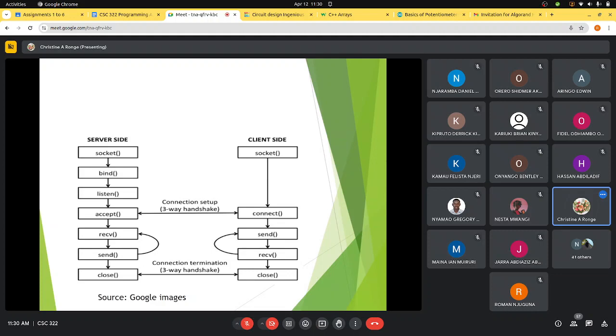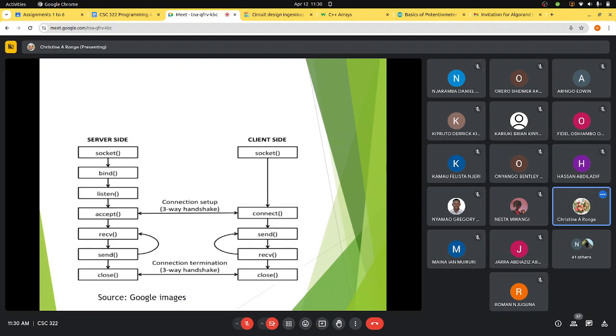Now, there are two styles of terminating a connection: the asymmetric or abrupt termination, or the symmetric or graceful termination. Typically we use the symmetric or graceful termination. It's just like when you make a call to somebody. Usually, by the time you finish talking, you will tell them, look, I think we are finished talking.